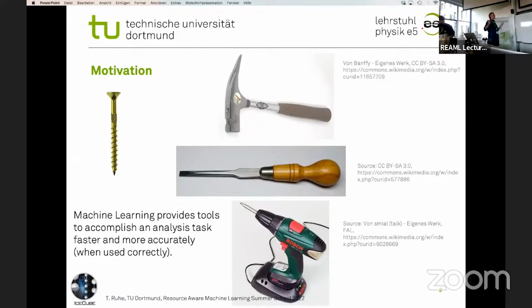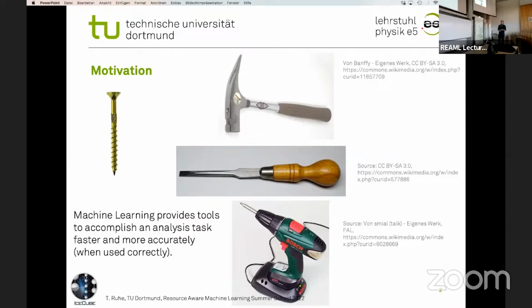So what's the motivation for using machine learning in physics experiments? We're physicists, why should we want to do this? There's an analogy that might hold for this, and that has to do with tools. Consider having a task you have to accomplish, like putting a screw in some wood or in the wall. There's a variety of tools you might choose for that: a hammer, a screwdriver, or power tools.